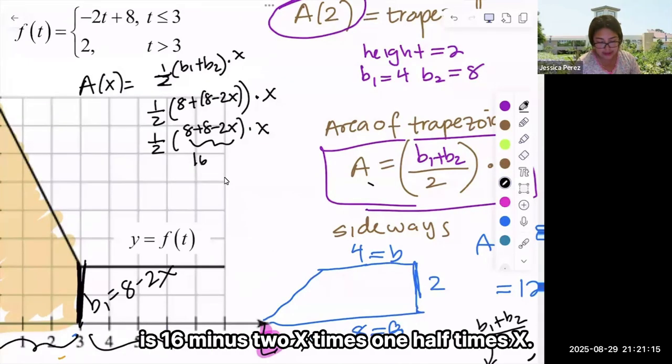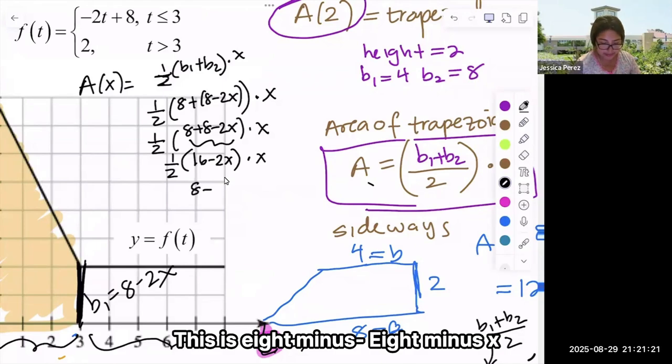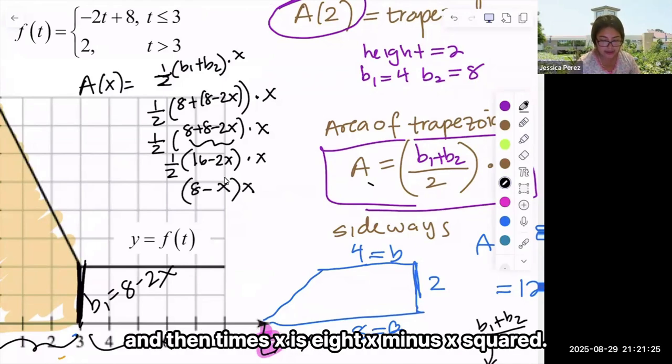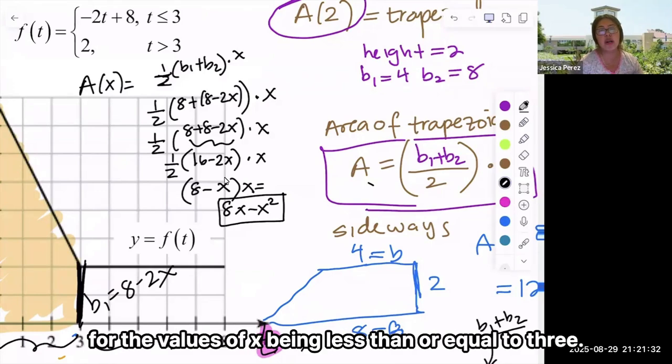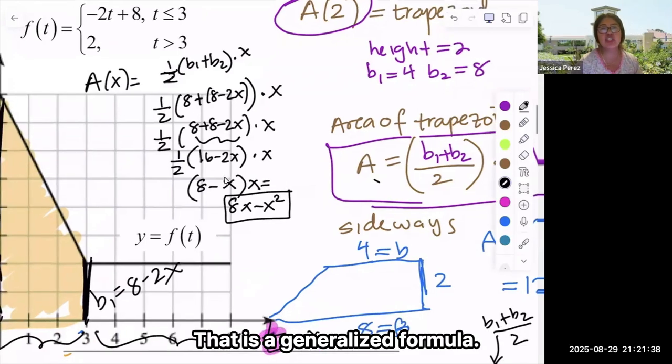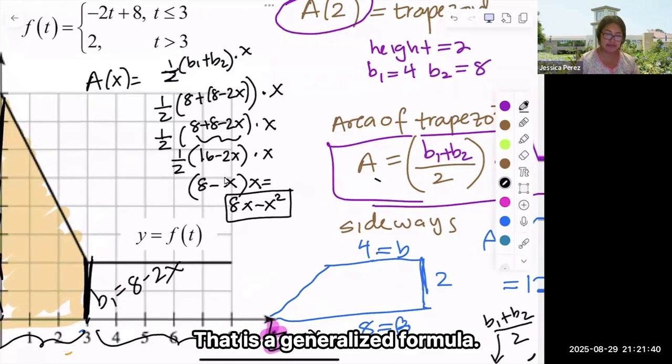The inside is 16 minus 2x times 1/2 times x. This is 8 minus x, and then times x is 8x minus x squared. This is the general formula for the values of x being less than or equal to 3. That is a generalized formula.